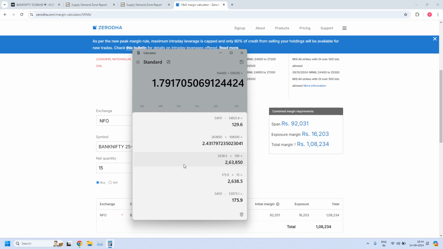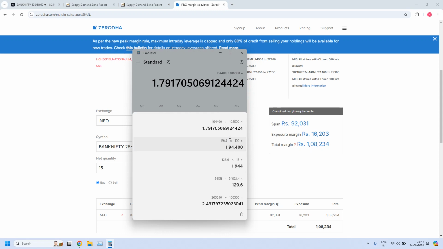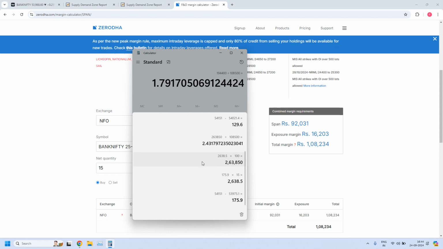So 4.2% ROI we got, both trades together. This is 2,638 and this is 1,944. Nearly 4,600 rupees profit you got, close to 4,600 rupees, both trades together.